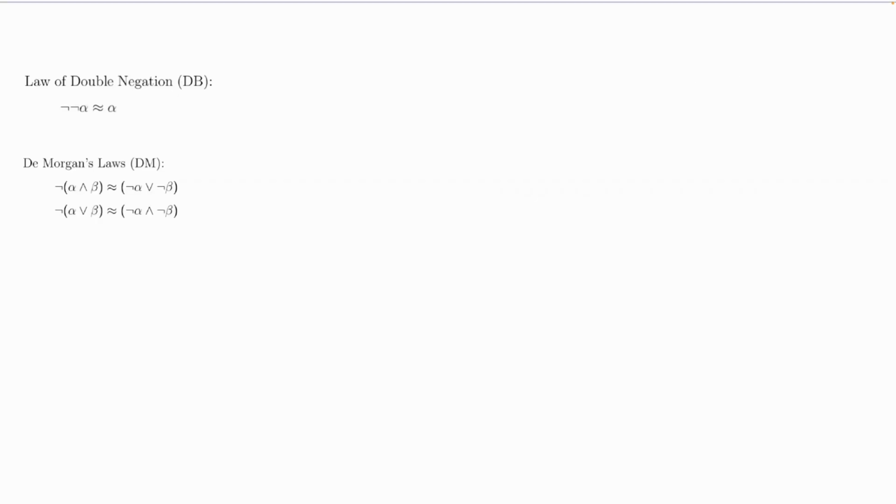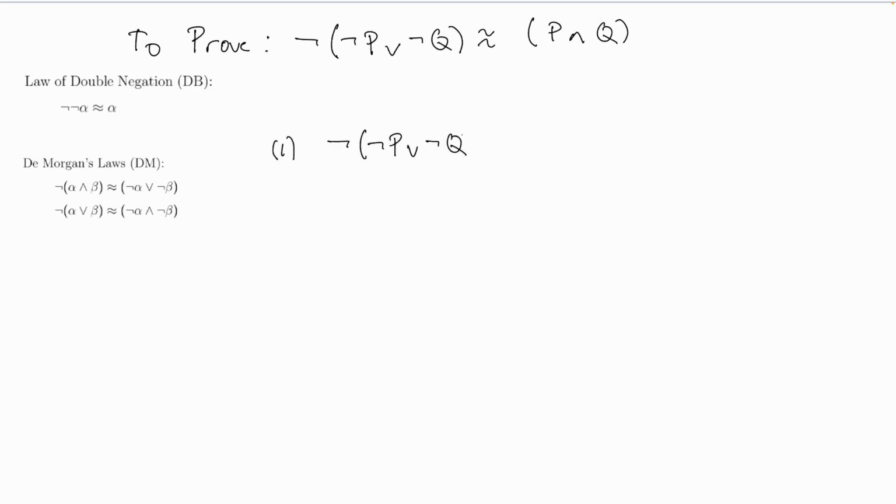We can use these general laws to prove that a specific pair of formulas are equivalent. For example, we can use these laws to show that not (not P or not Q) is equivalent to P and Q. To start the proof, I'll write down the formula not (not P or not Q).